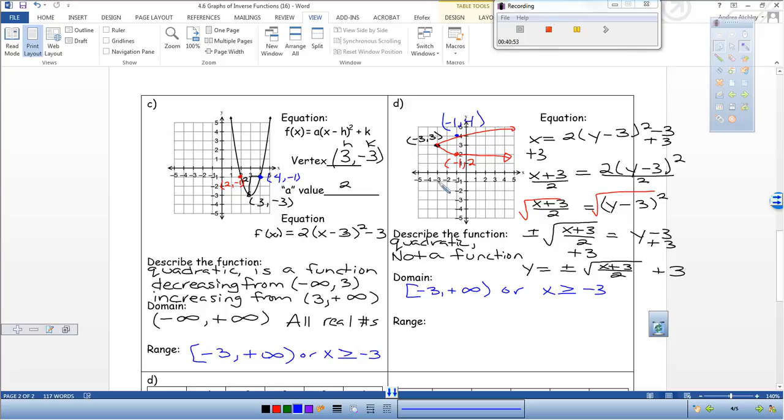Let's just check it, though. So here's my domain for the x values. The x is negative 3. And does it just get bigger? Yes, so that domain does fit. Okay? And then the range then should become the domain of the previous original function, or all real numbers.